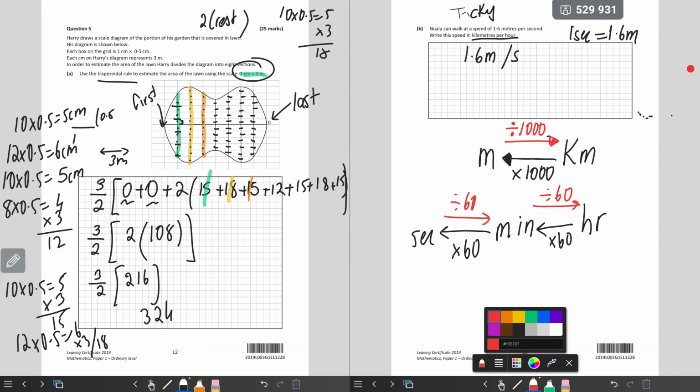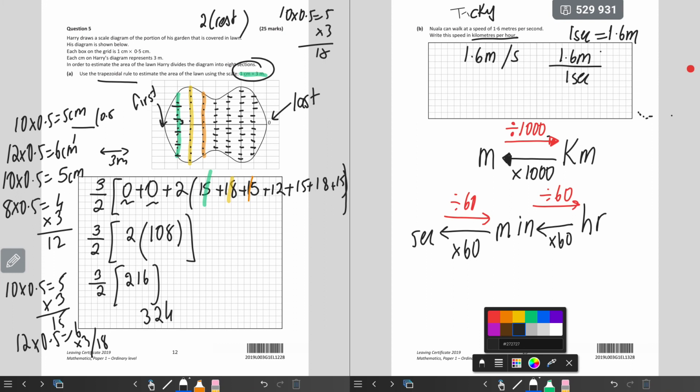So what I'm doing in this is changing my meters to kilometers. Another way that's written is 1.6 meters in 1 second. So how do I change meters to kilometers? Divide by 1,000. So 1.6 divided by 1,000.